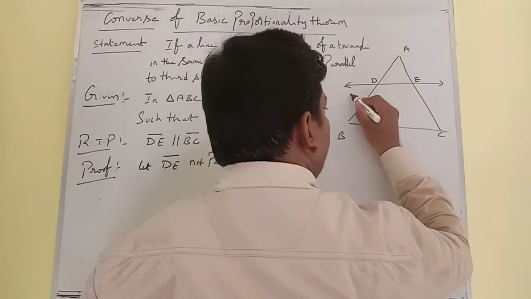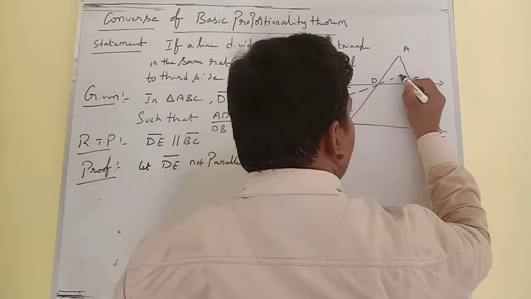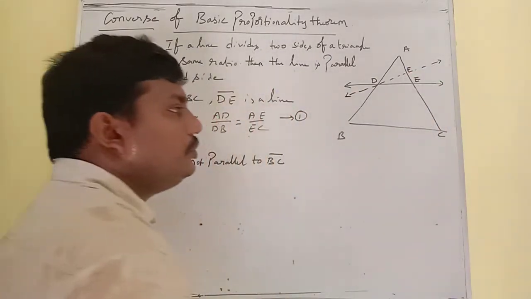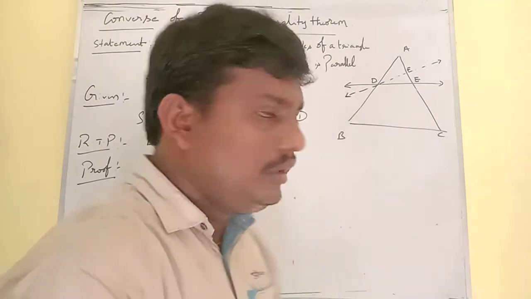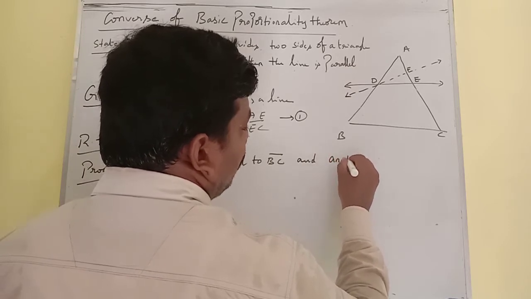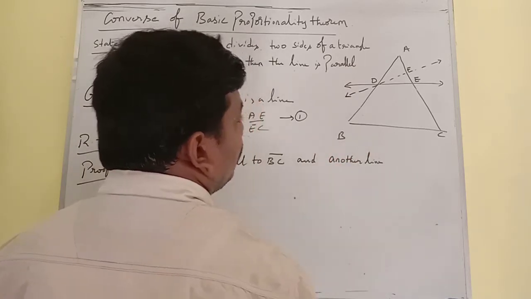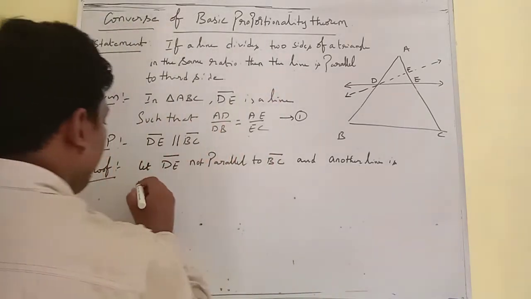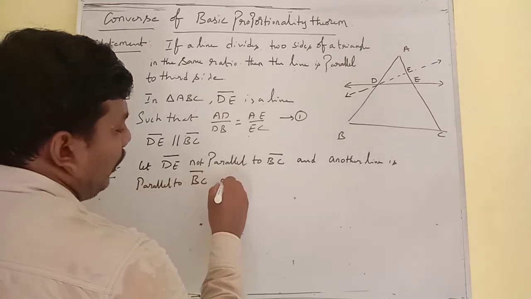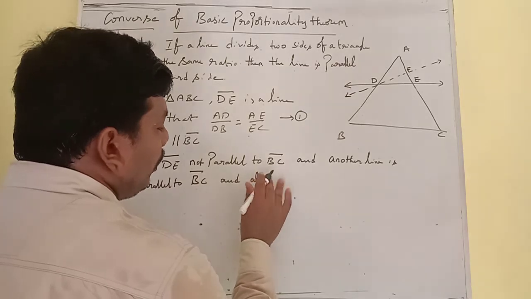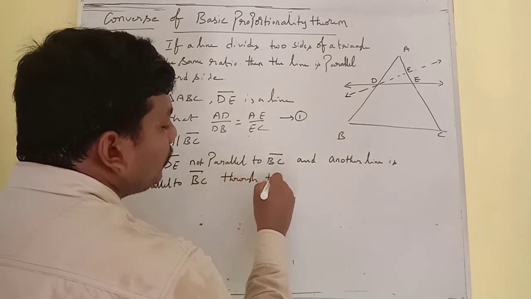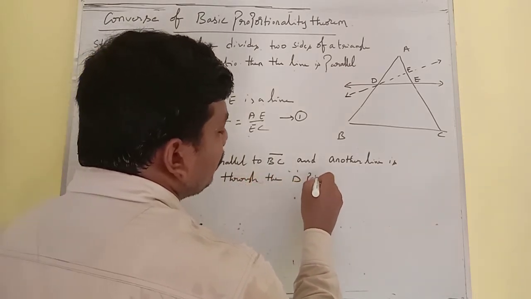So one more line, DF, which is parallel to BC and passing through the point D. Another line is parallel to BC through the D point we are going to consider.